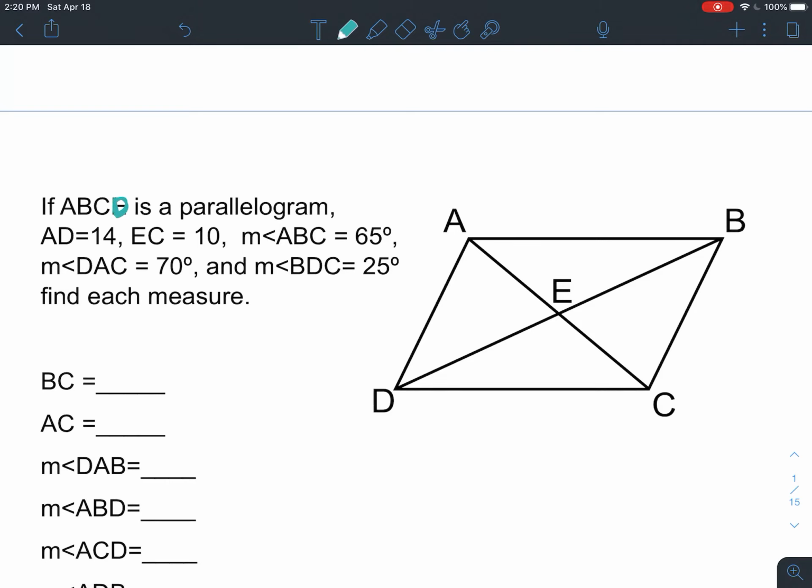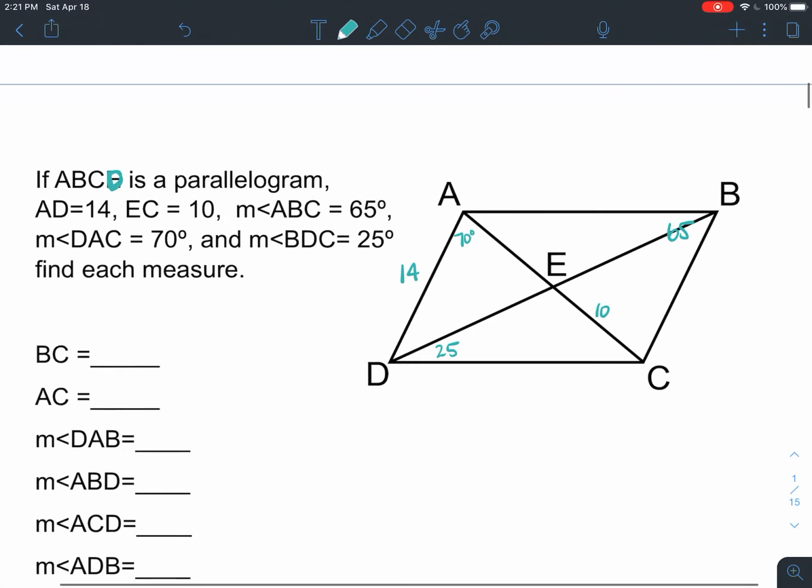If ABCD is a parallelogram and AD is 14, EC is 10, the measure of angle ABC is 65, the measure of DAC is 70, and the measure of angle BDC is 25.